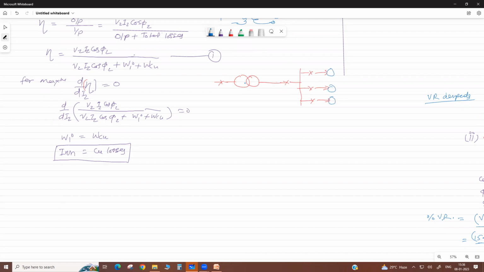This transformer is not always at full load, because it depends on daytime, night time, early morning, and also season, winter or summer. So the load varies.